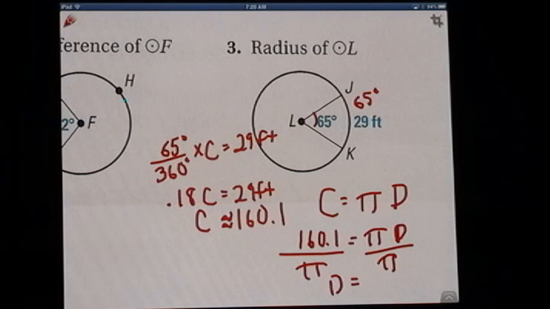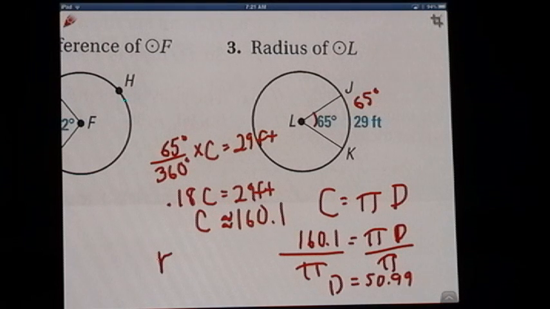Okay, 160.1 divided by 3.14, or use your pi key, and we get diameter is about 51. Even if we round this to the nearest hundredth, I guess would be 50.99. Okay, and then we can just press divide by 2, and you've got all that decimal junk out there, that's okay too, and we get 25.5.